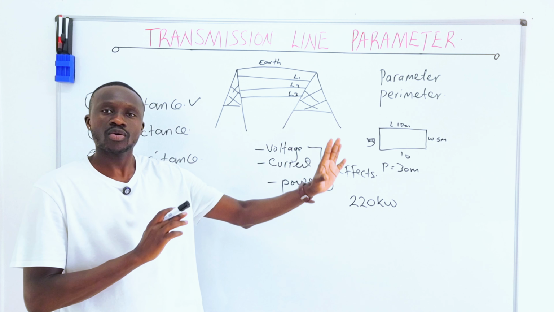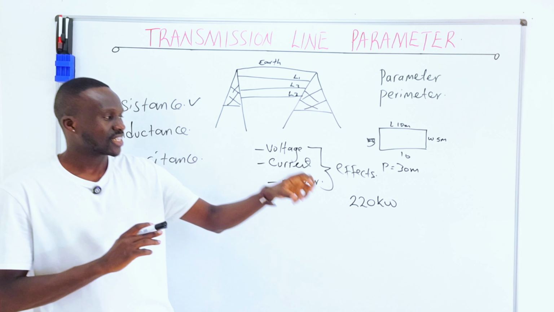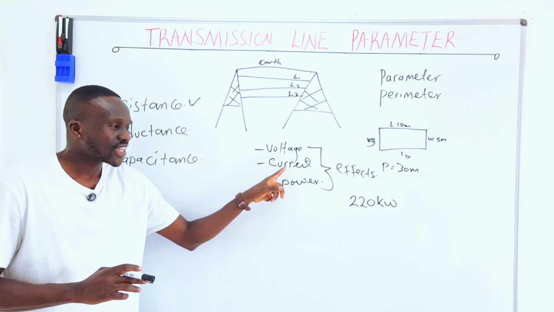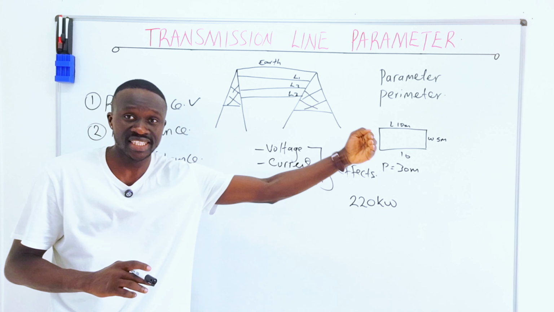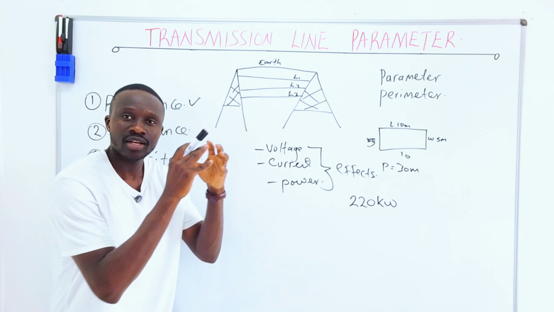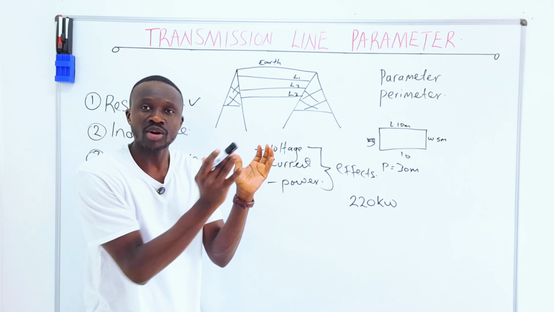Now this voltage will push current to flow in the conductor. But when current faces a lot of resistance in the conductor, our power will be lost. We shall lose a lot of power.